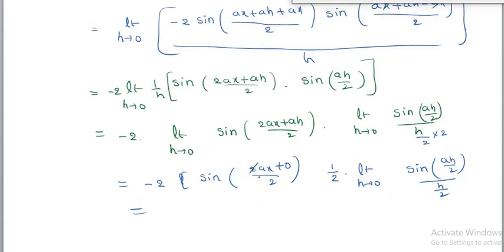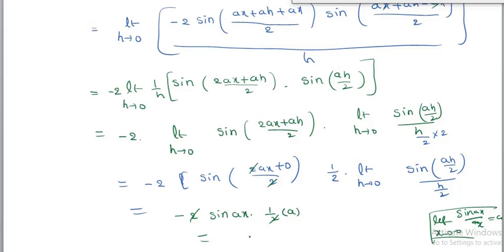So 2 cancels. Minus 2 sin ax, and sin(ah/2) by (ah/2) is the value 1, multiplied by a. So finally, minus a sin ax. Write down.